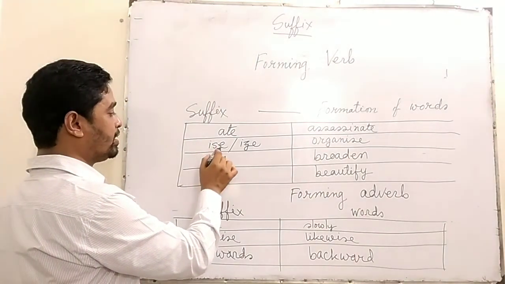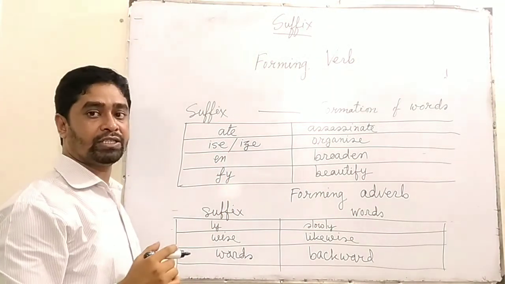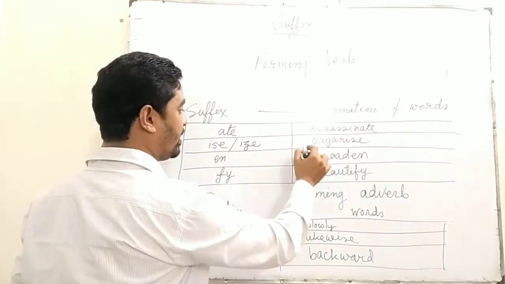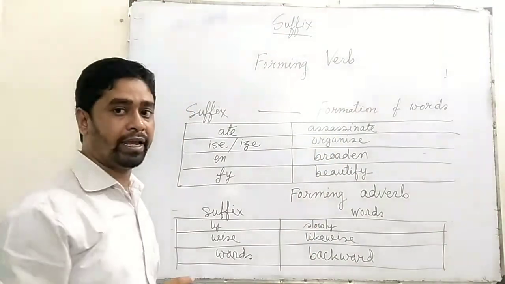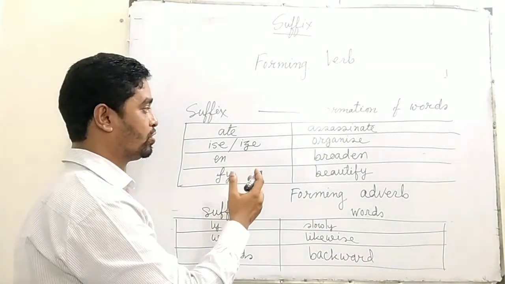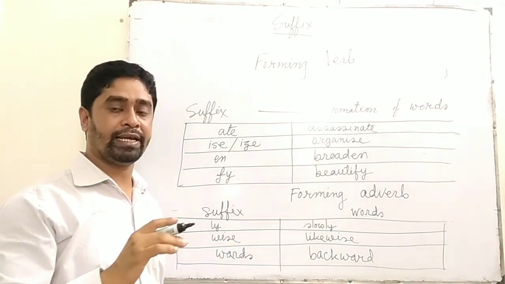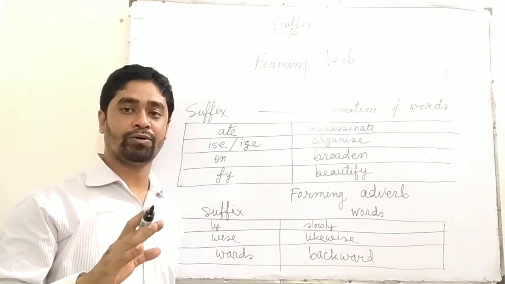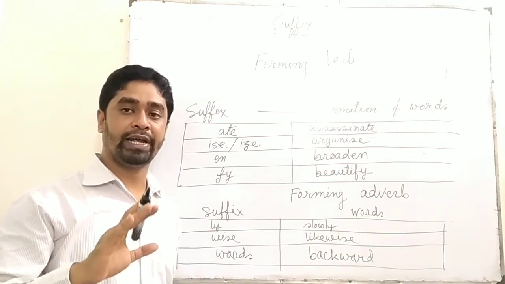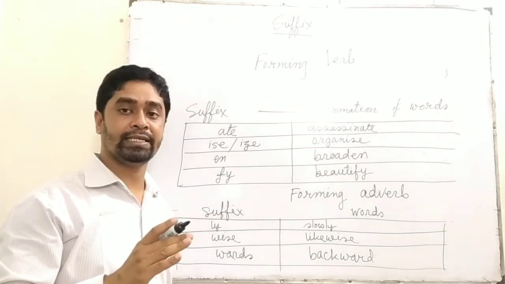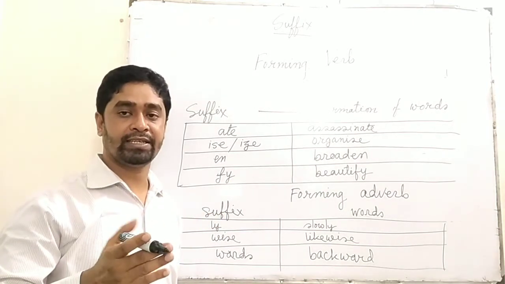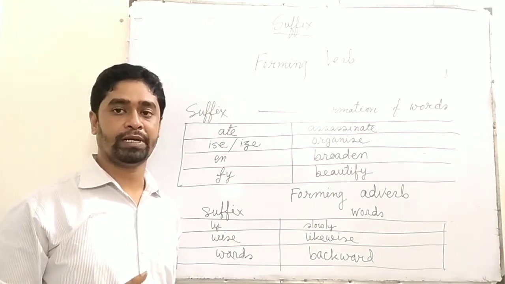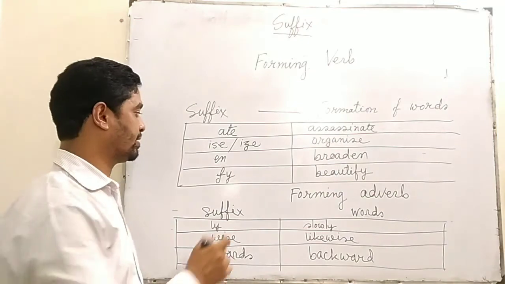Next, ise or ize is also a suffix and it has created a verb, that is organize. It has a root word, that is organ. It is a noun, but after adding ise, it has changed its part of speech and it has made a verb, that is organize.